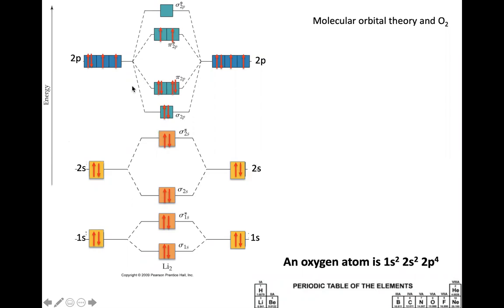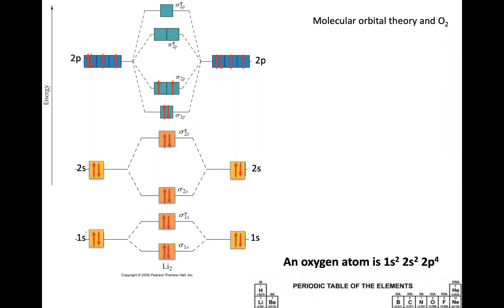I'm putting them into the molecular orbitals the same way that I would have put them into atomic orbitals. I'm putting them in from the lowest energy and going up from there. I'm putting them into each box, which represents a molecular orbital. I'm putting them then in consistent with the Pauli exclusion principle. Each box can only hold 2 electrons, a spin up and a spin down.